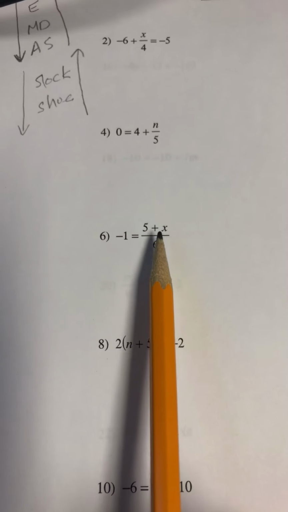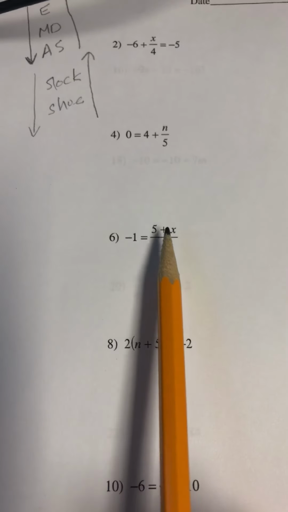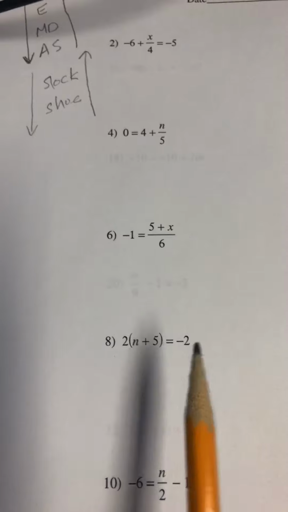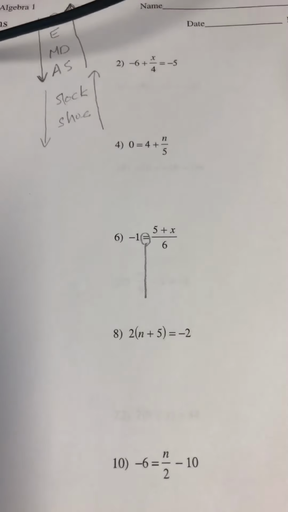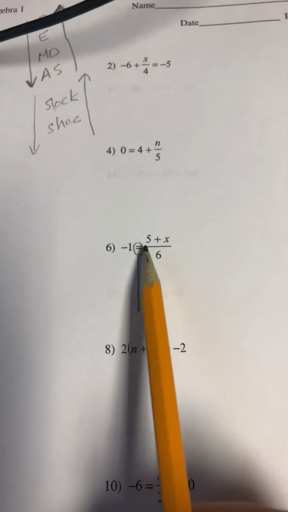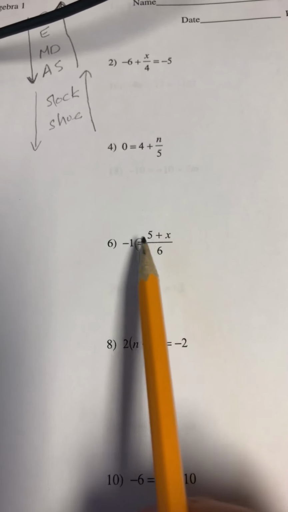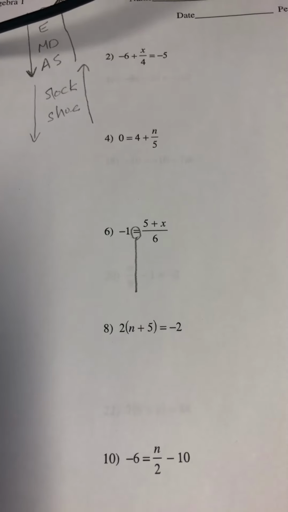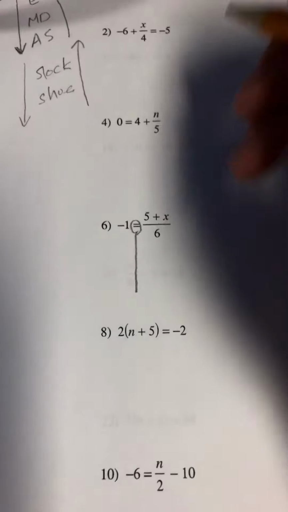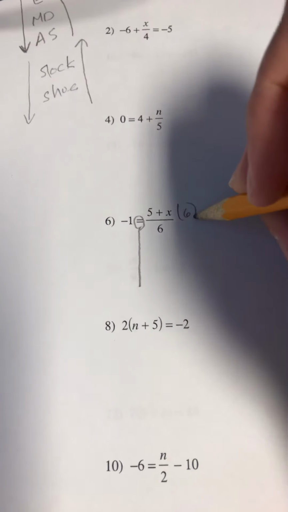So before I can get rid of this added 5 here, I'm going to have to get rid of this fraction. So I'm going to drop my line there so I can clearly see both sides of my expression. Because all of this numerator is together, the first thing I'm going to do is get rid of dividing by 6. The way that we get rid of dividing is by multiplying.